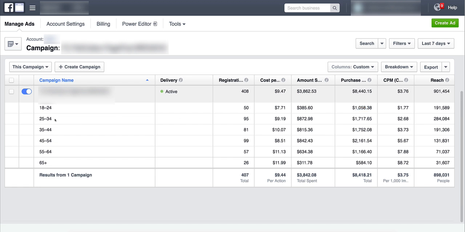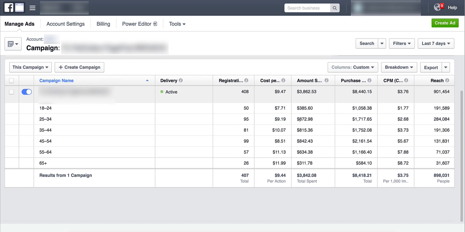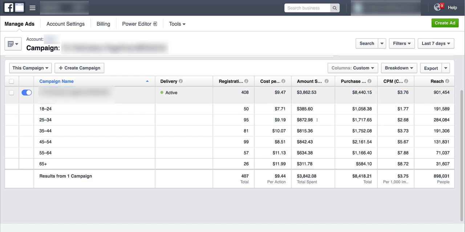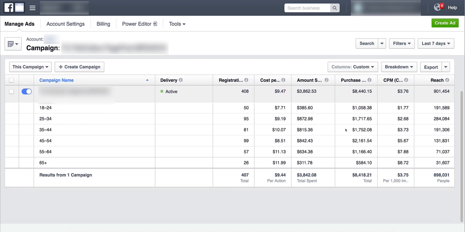25 to 34-year-olds, however, they're converting at a lesser rate. It's okay, they're still profitable. We're looking at about 100% ROI here. $872 spent to make $1,700. And then you've got your 35 to 44-year-olds, $10 a conversion.